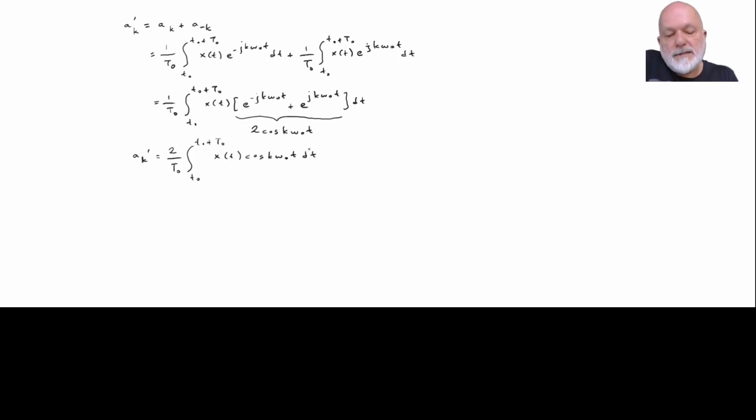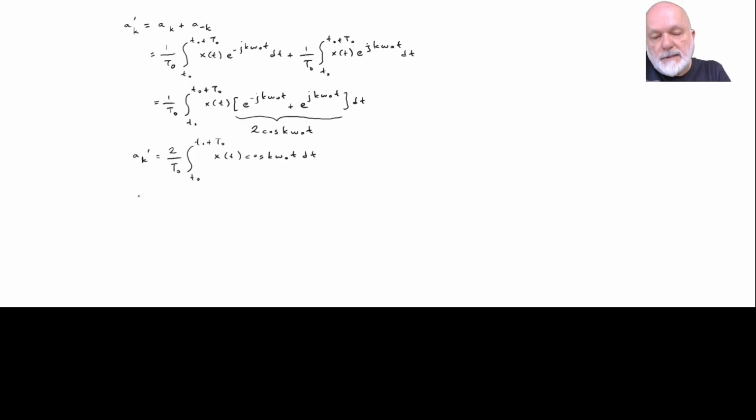Okay, so this is how we calculate ak prime, by means of the integral of the product of x of t and cosine k omega 0 t over a period.